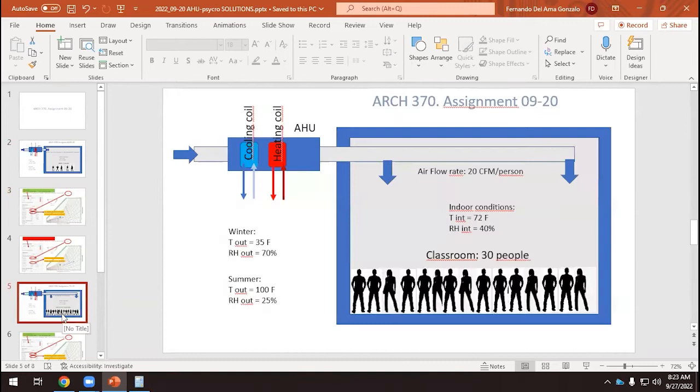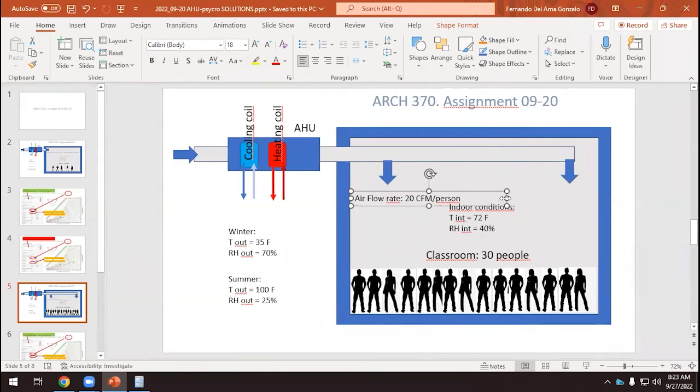Okay, so if we are here, the flow rate is 20 CFM per person, that's fixed. We have 30 people, so that would be 600. The airflow rate is times 30 equals 600. 600 CFM times 60 times 0.074, I think.